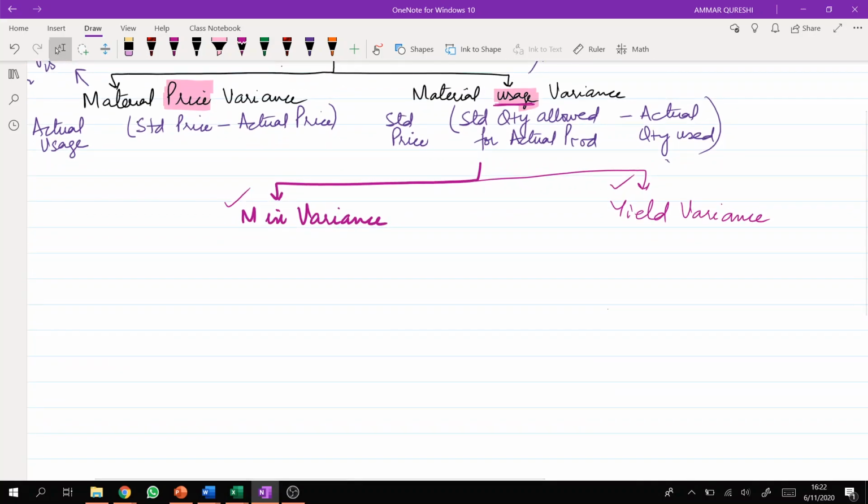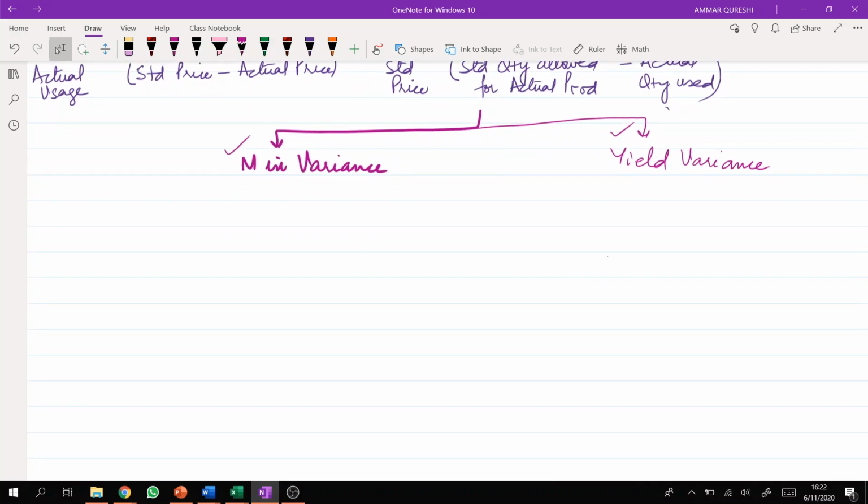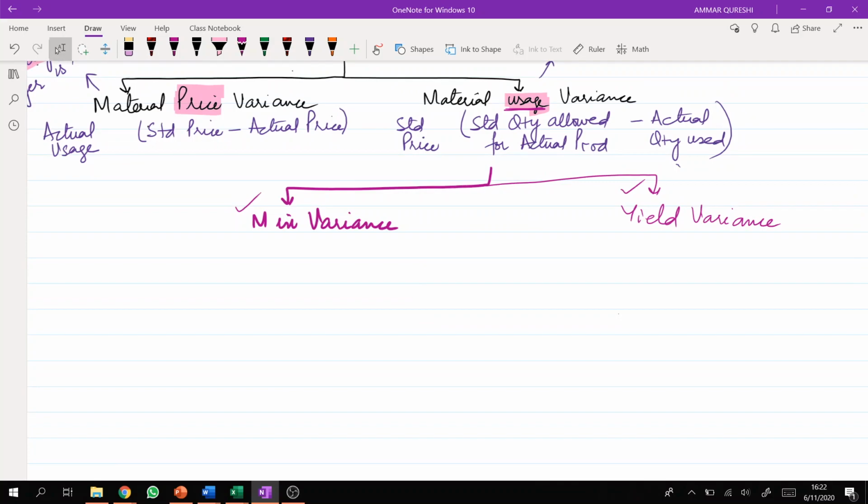Now the first thing that comes to our mind is, what is material mix variance? What is material yield variance? So let's start with the introduction of mix and yield variance. These two variances only arise when a company is using more than one raw material in its product.